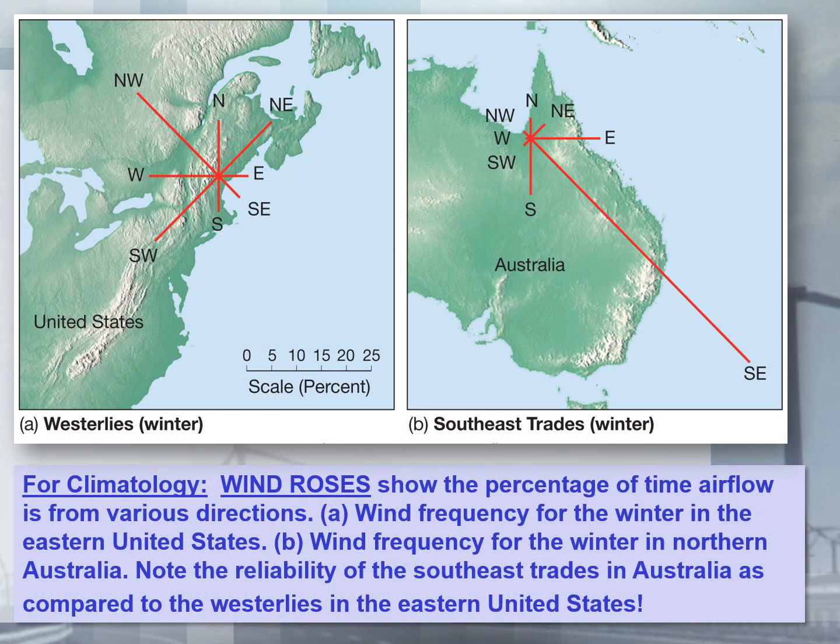Okay, so wind roses, this is more of a climate thing than a weather thing, but a wind rose is a diagram basically trying to show the percentage of time airflow is from various directions. So here is a wind frequency for winter in the United States, and this is pretty high up there.